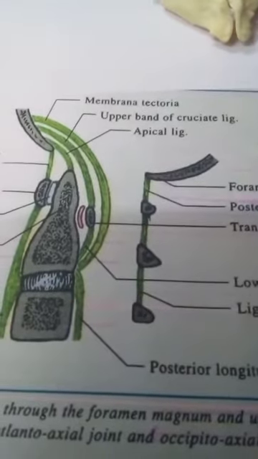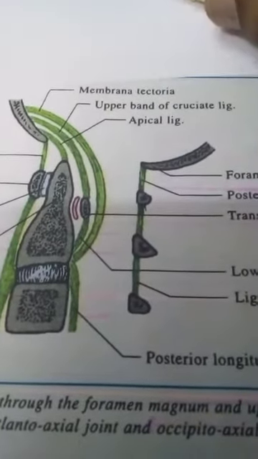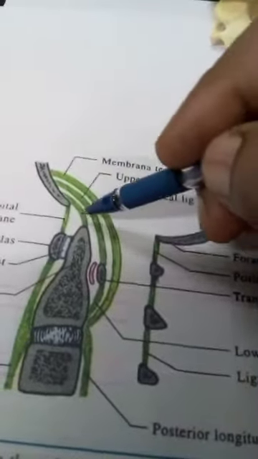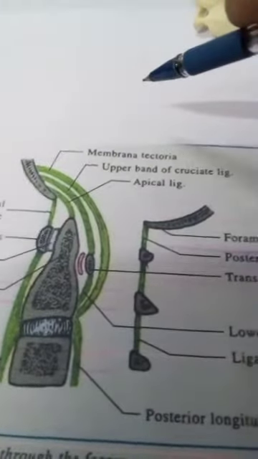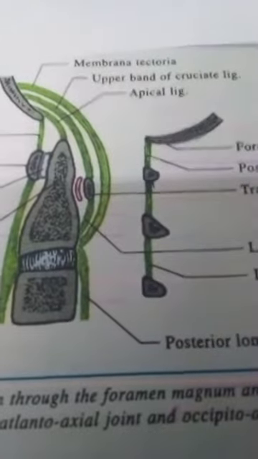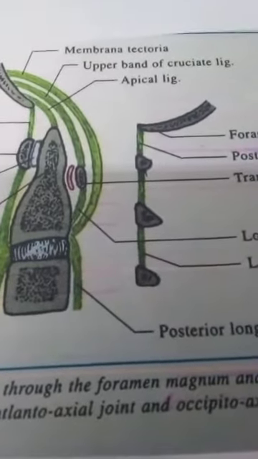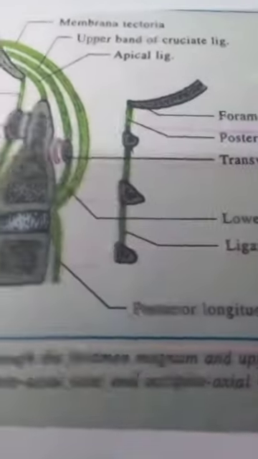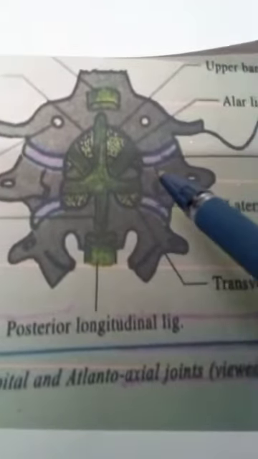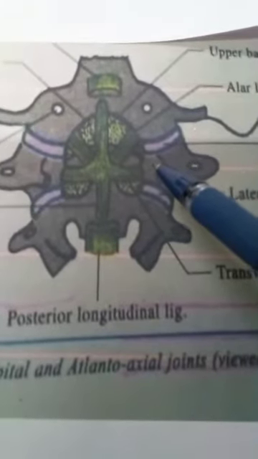We have already talked about the apical ligament and the alar ligaments. Now we will talk about the cruciform ligament. You see, this ligament is the cruciform ligament.